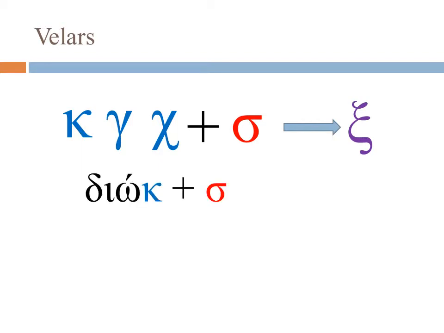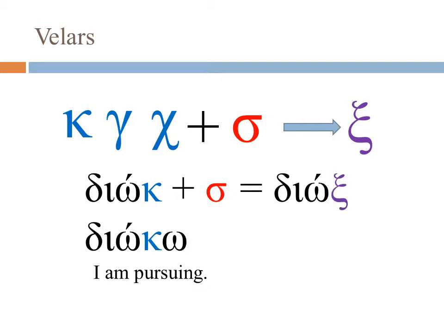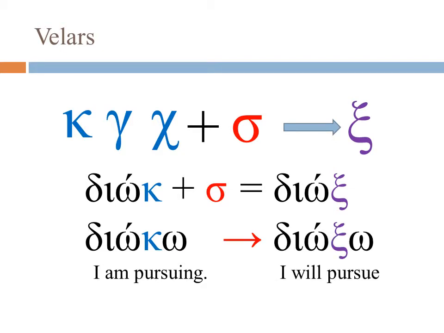So, if the stem of a verb ends with a kappa, dioko, and it is future, a sigma has to be added, and we will get dioks. So that dioko, I am pursuing, its future will be dioxo, I will pursue.